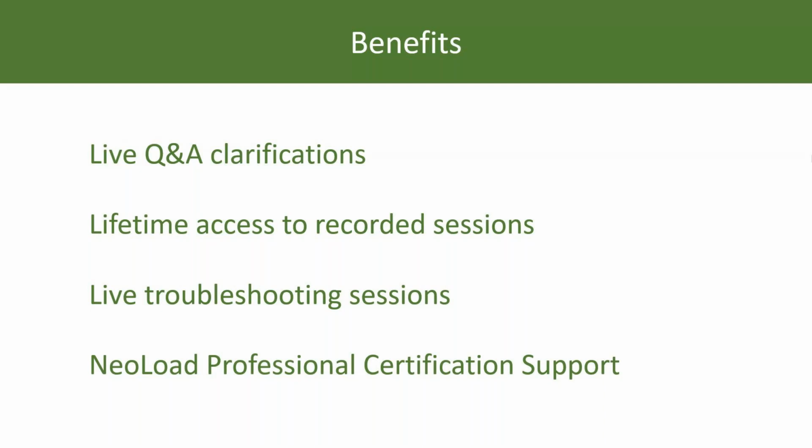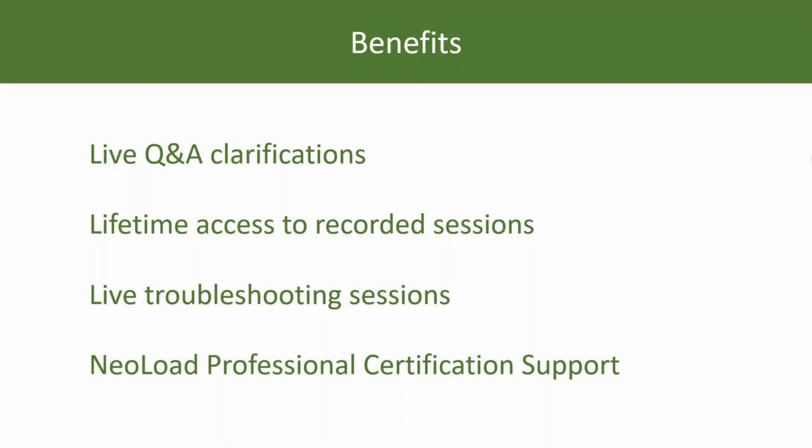Towards the end of this course, I will also provide you support on how you can approach clearing the professional certification. I will tell you what things you have to consider, and what areas you have to learn and practice so that you can clear the professional certification.